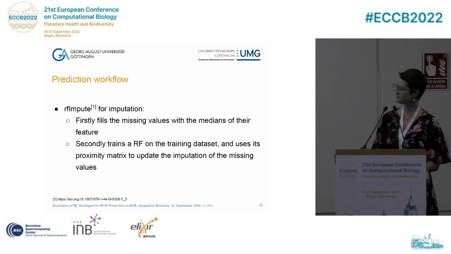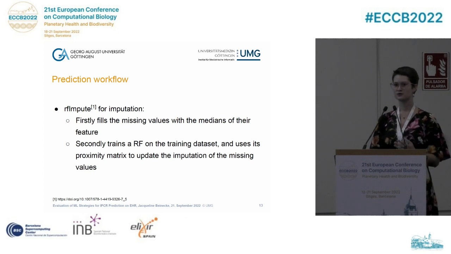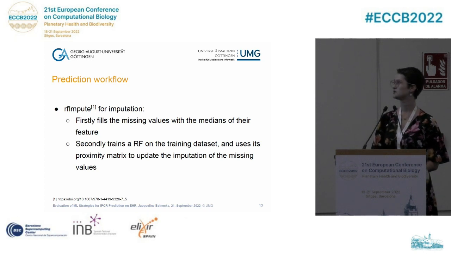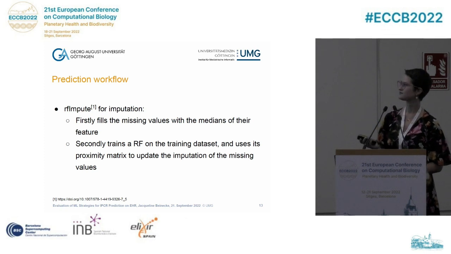Then we also did imputation with random forests to remove our missing values, and we wanted to see if this helps. This method is random forest impute, and it first imputes the missing values with medians and then uses the proximity matrix of a random forest to impute the medians.